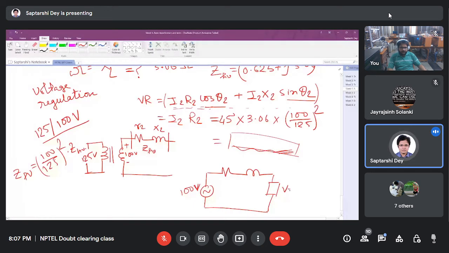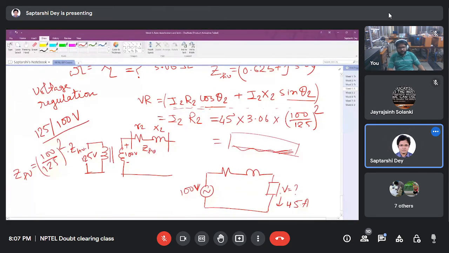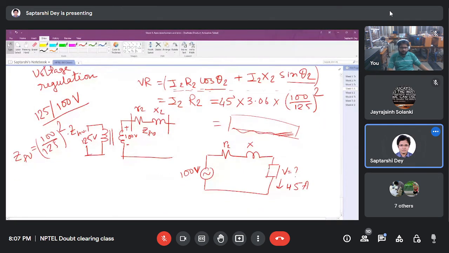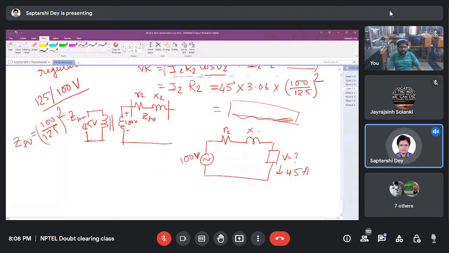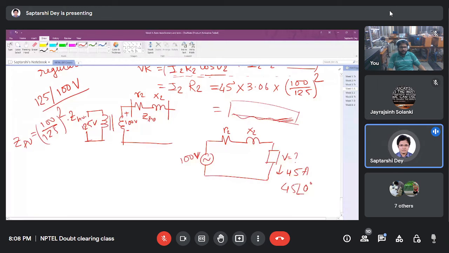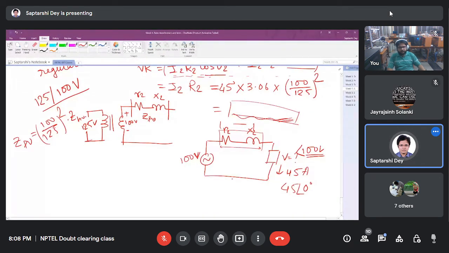This voltage we do not know, we have to find out, but the current we know. 45 ampere of current is flowing, and we have the values of R and X. Now, if you assume this to be the reference phasor, 45 angle 0, and multiply it with this impedance, you will get the voltage drop, and hence you will get the voltage here, which will be less than 100 volt. The difference will be the voltage regulation.